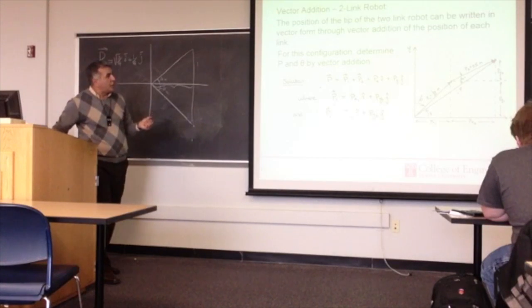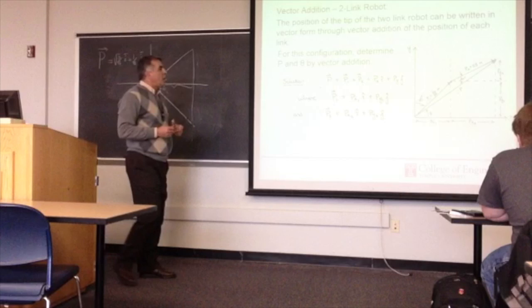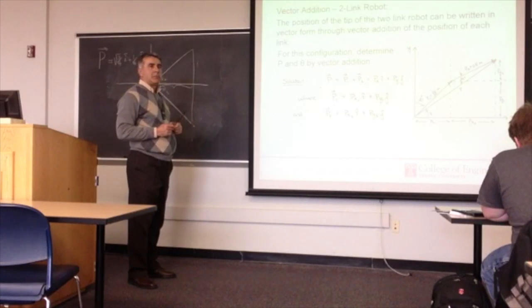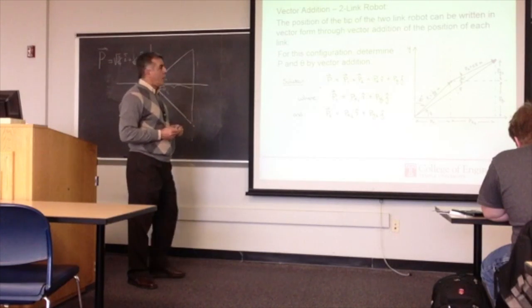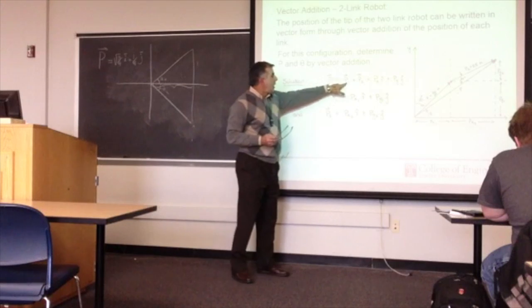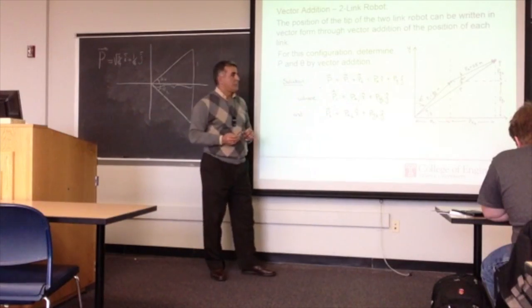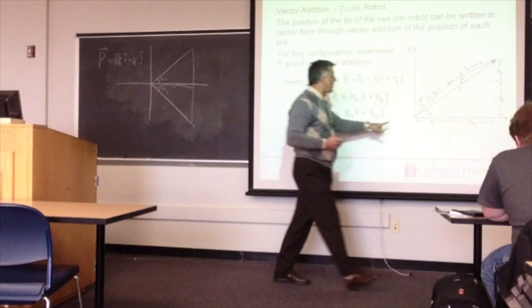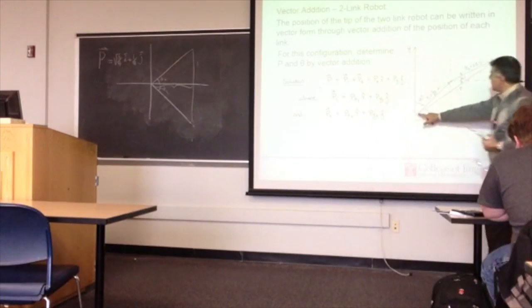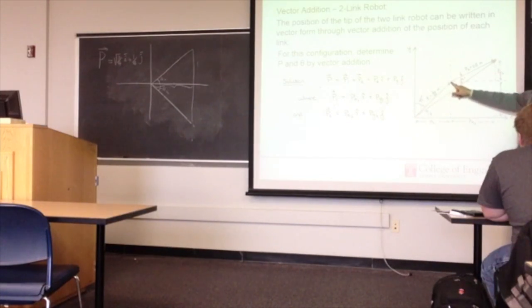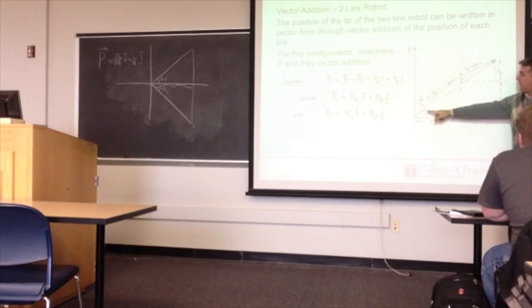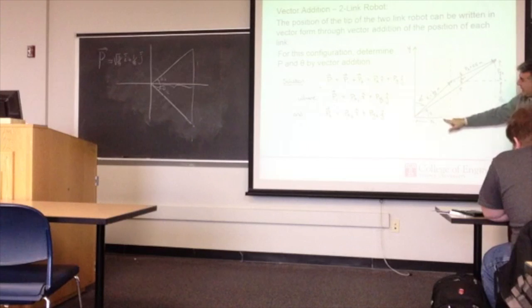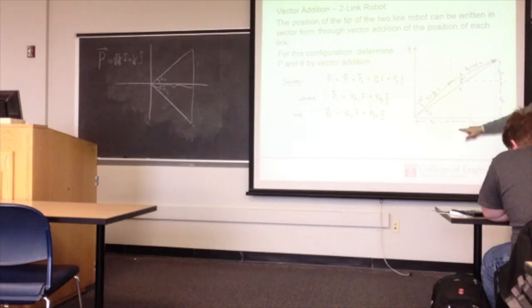But then the question is, what is P1 and P2? We have two vectors, P1 and P2. Looking at this diagram, P1 is this vector, right? This vector has a Px1 and the Py1, right?